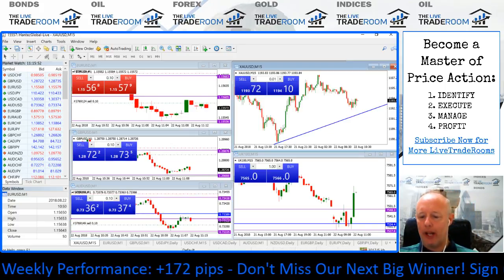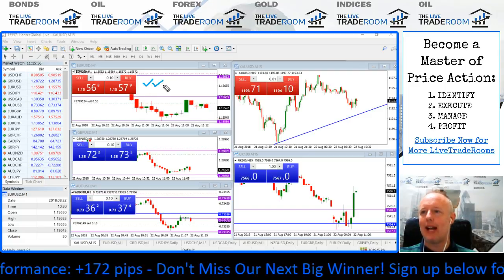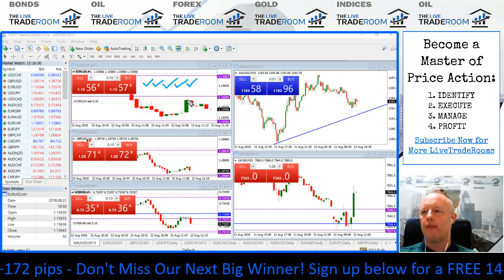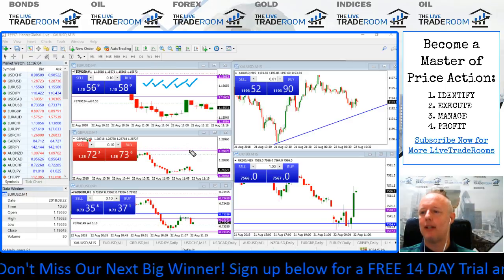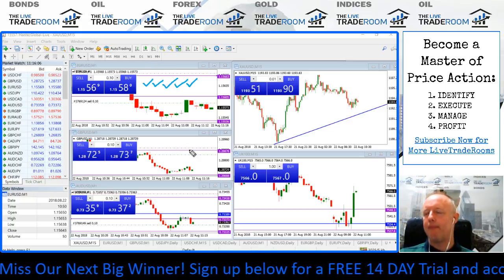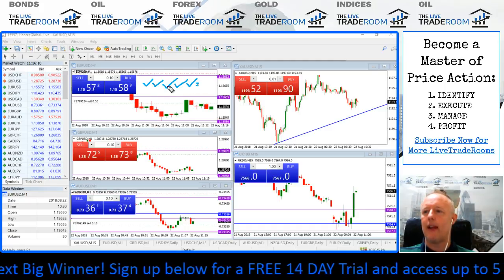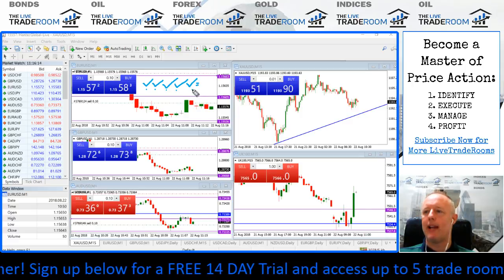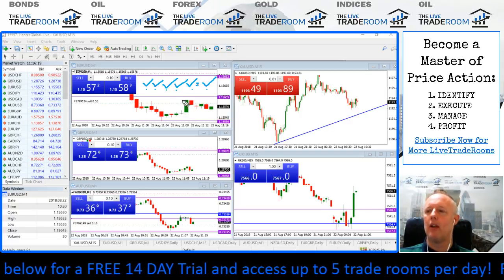Whatever reasons you want to give yourself for getting into a trade, whatever your approach is, as long as you're stacking the odds in your favor, you'll increase your confidence levels. You'll hopefully try and be advocates of discipline, looking to stack those odds in your favor. Whatever these reasons are, they can vary from trader to trader, but you need to stack the odds in your favor as best you can.